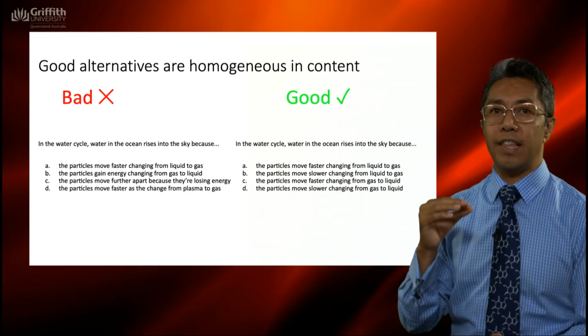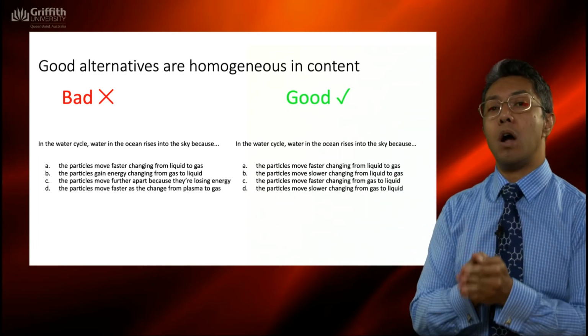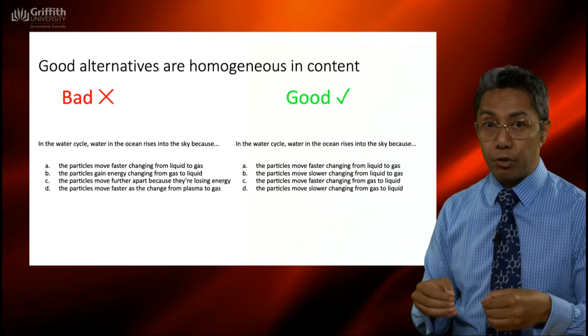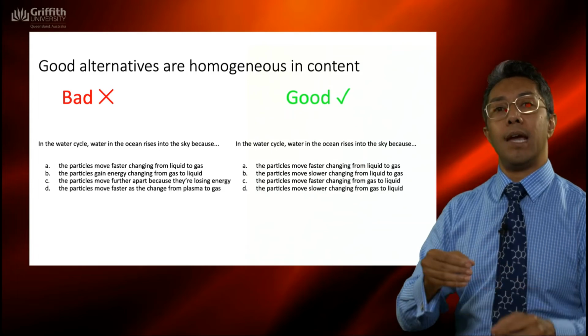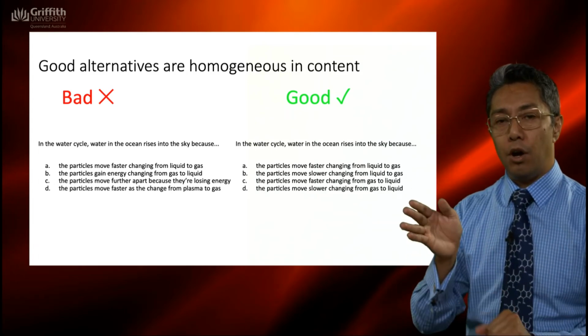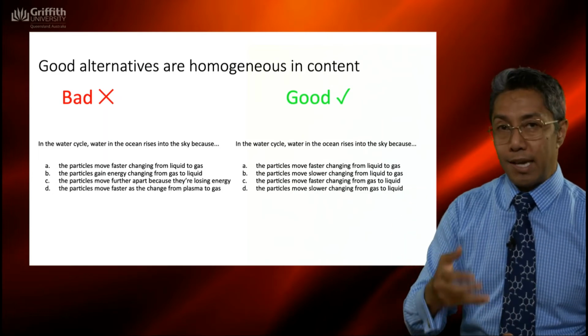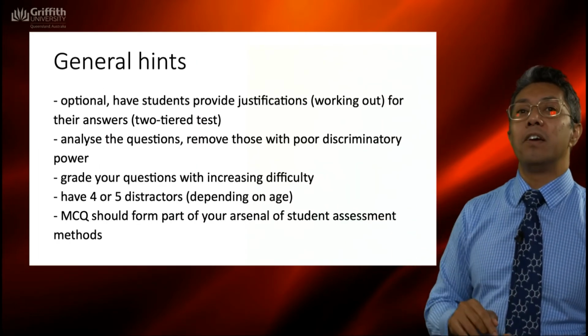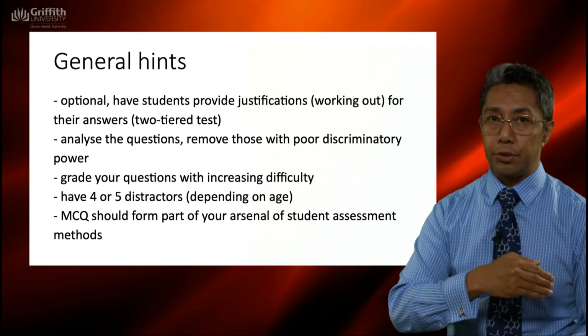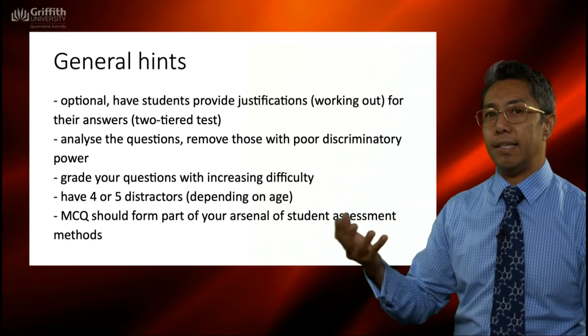So as much as we can, we try to reduce that reading comprehension requirement, so we get closer to assessing the student's actual scientific knowledge. In addition to the advice you saw earlier, here are some other things you can do.